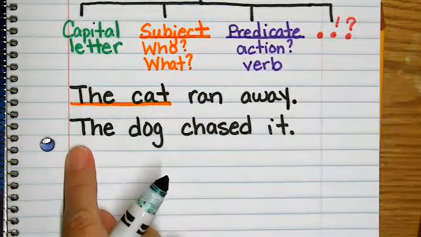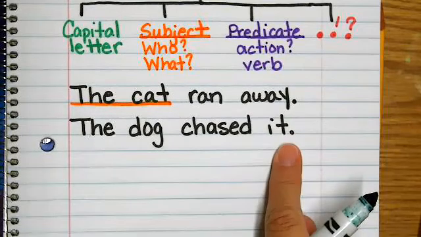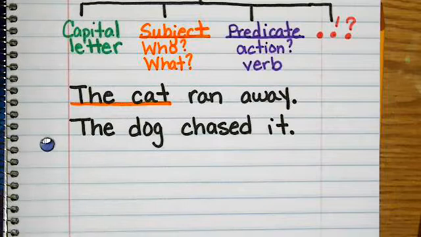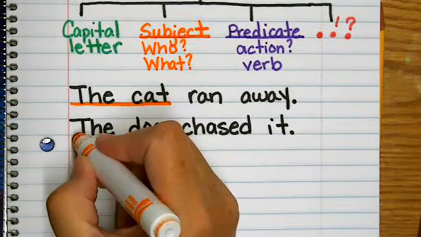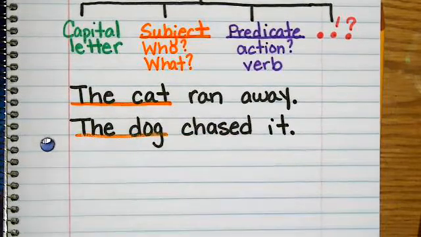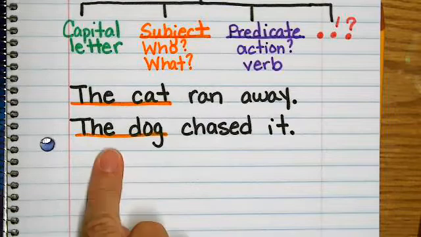There's my capital letter. There's my period. I want to find the subject. Who or what? Who chased it? What chased it? The dog. The dog chased it. So there's my subject.